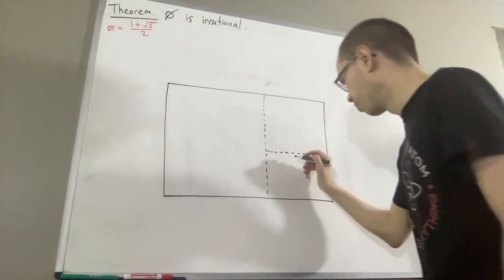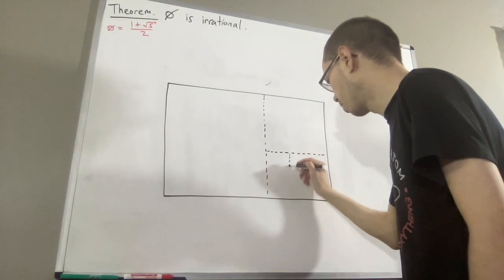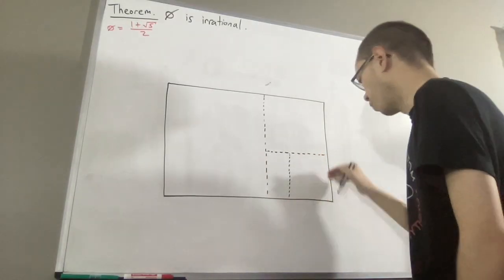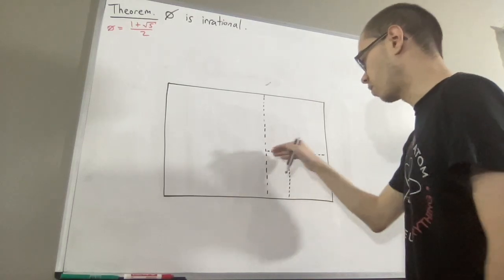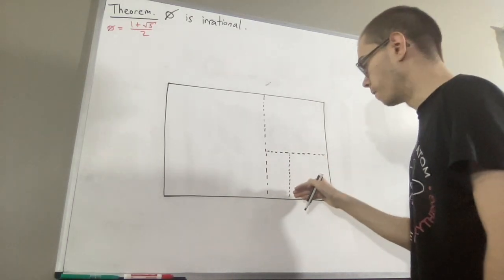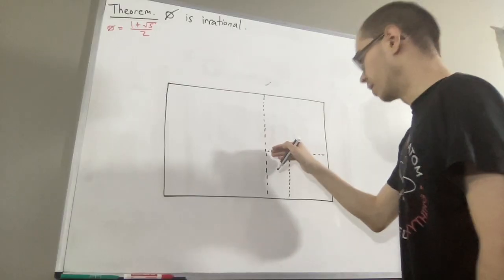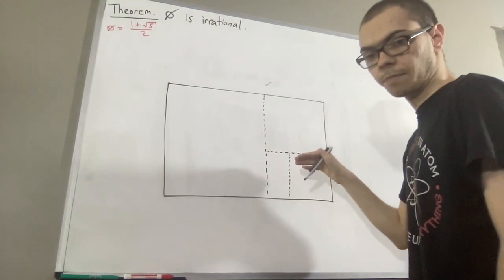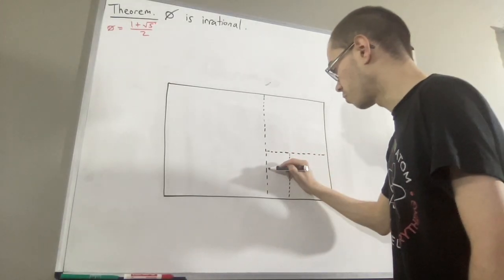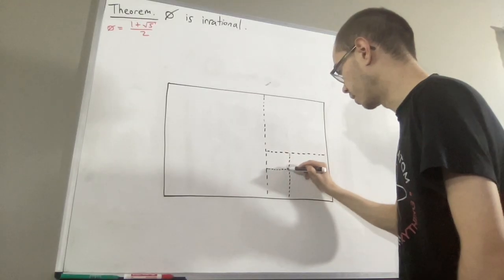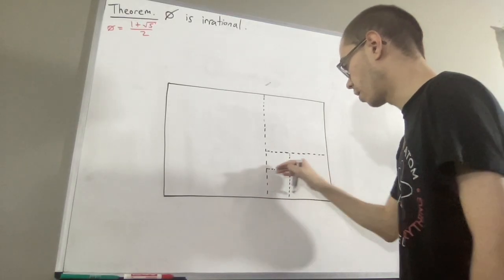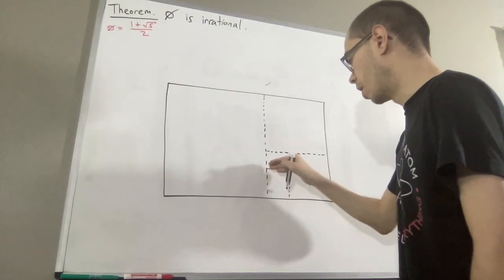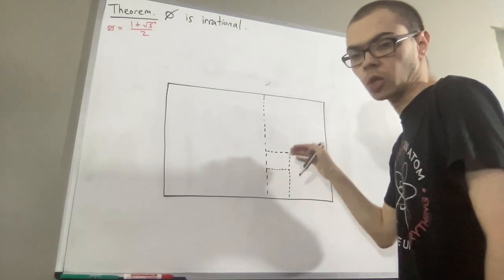So then continuing, we split up this rectangle so that right here we formed a square, well then we formed another rectangle. And the ratio of the longer side length to the shorter side length is still equal to the golden ratio. So then we split this rectangle up, say like this, so that right here we have a square, and then above we have another smaller rectangle.